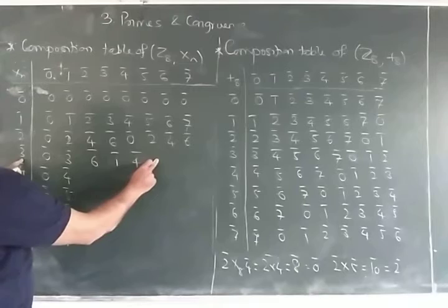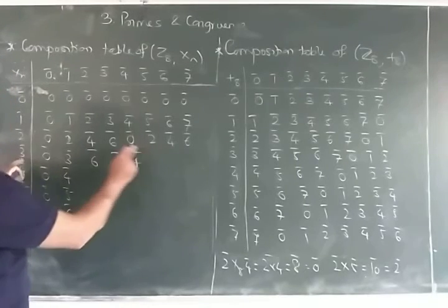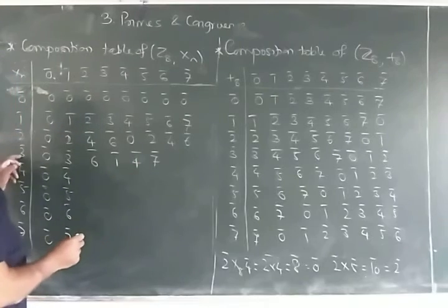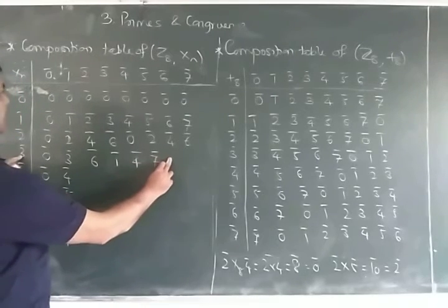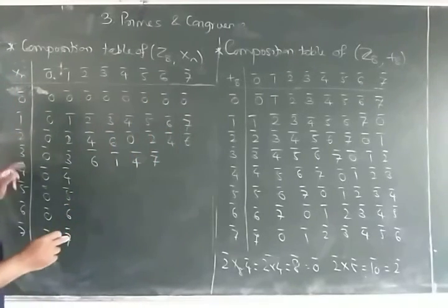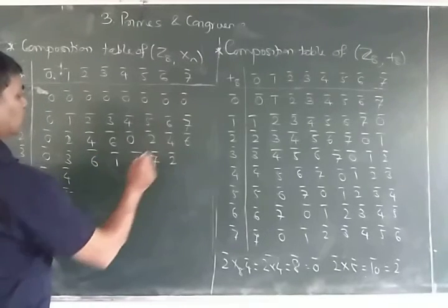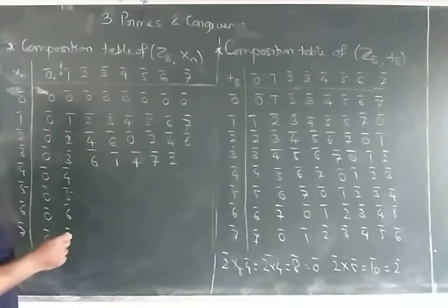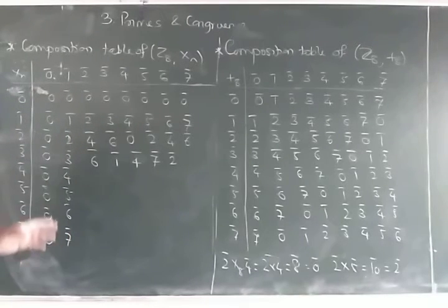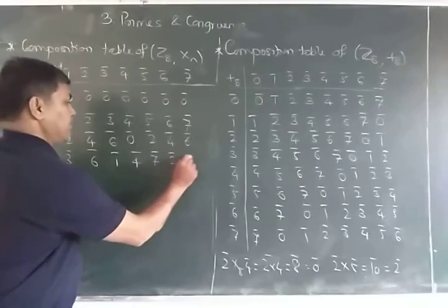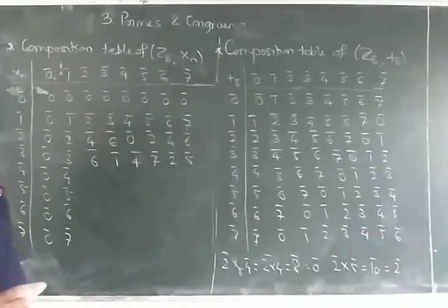Then 3 into 5 is 15, divided by 8 gives remainder 7 bar. 3 into 6 is 18, and 18 divided by 8, the remainder is 2. Then 3 into 7 is 21, and 21 divided by 8 gives remainder 5.